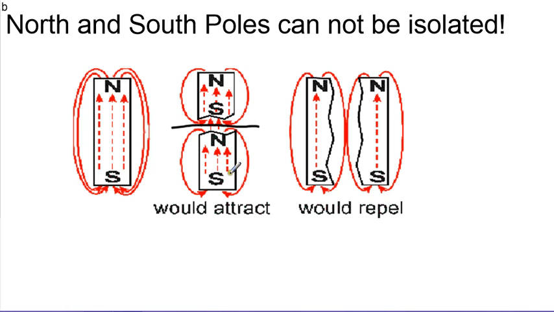So these two pieces would attract. Now, if we broke it laterally in this case, like this, we would have the north and the south be next to each other, and they would repel. So, as a quick note, opposites attract. So if we have north and south, they're going to attract, and like poles repel each other.